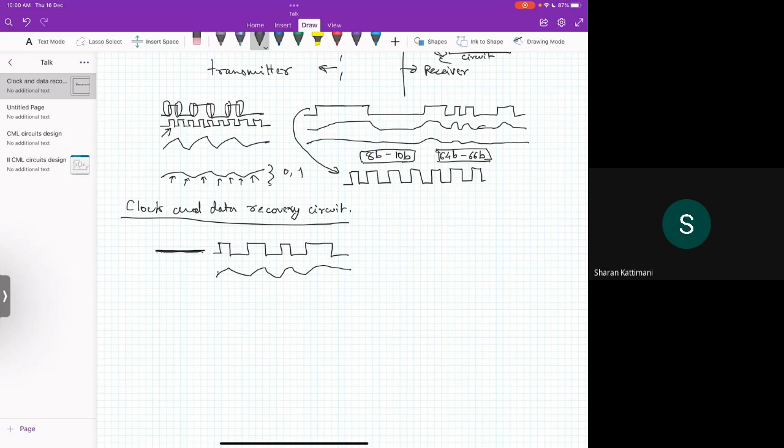Even if we recover the data, whatever clock we recover, the middle of the data should be at the edge of the clock. It should be something like this.